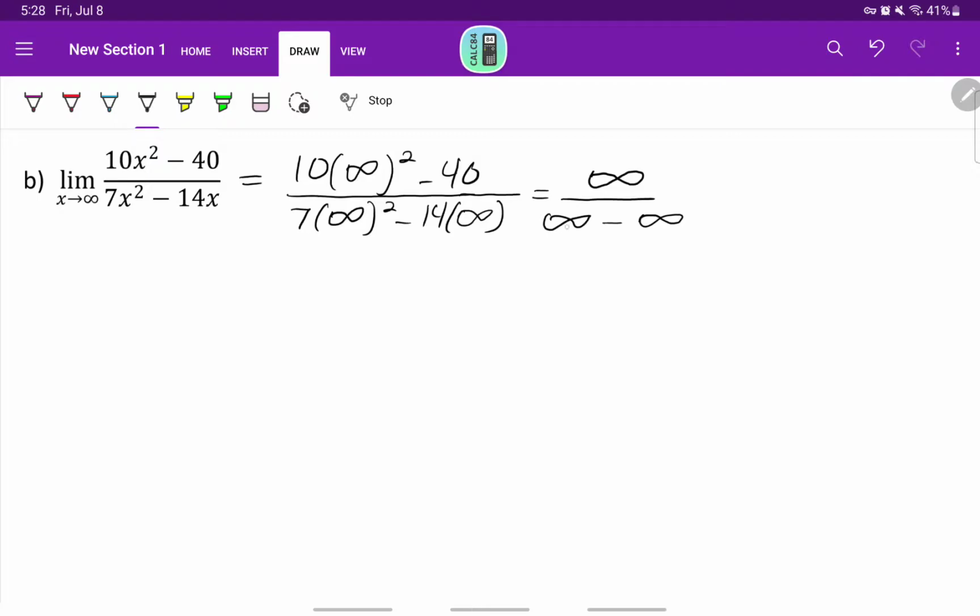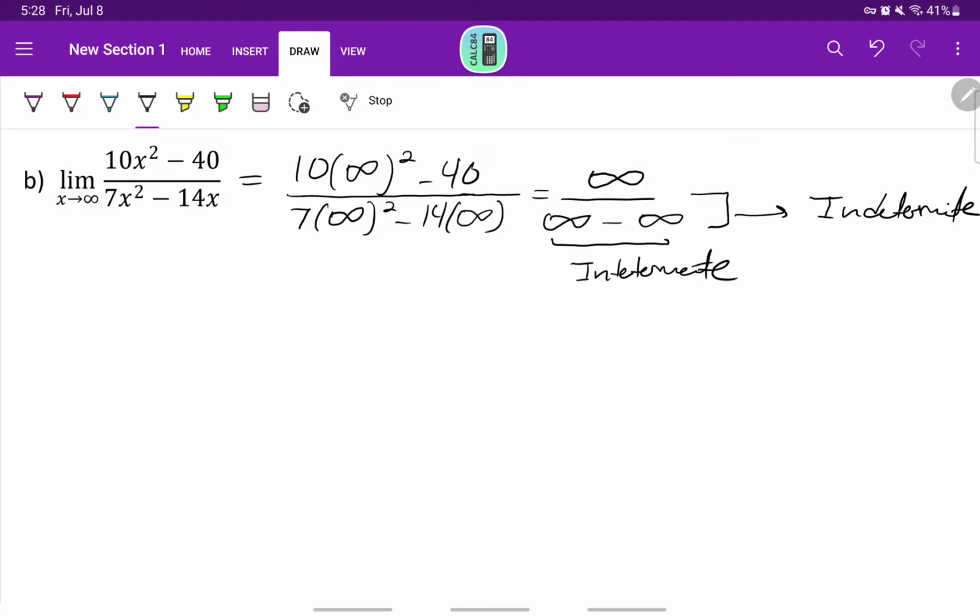But we already said from before, when we did limits at infinity, that infinity minus infinity is also indeterminate. Because this is indeterminate, that means this entire fraction is indeterminate. So I can either use the leading term principle or I can use L'Hopital's rule.